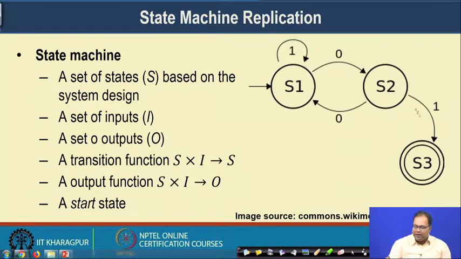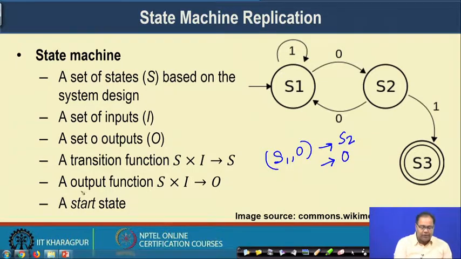In this particular example we do not have any output, but it may happen that if you have S1 and input 0, you move to state S2, that is your transition function, and at the same time you may produce 0 as output. That way, for certain state machines you may have an output function, and there would be a designated start state. Here S1 is denoted as the start state of the system.